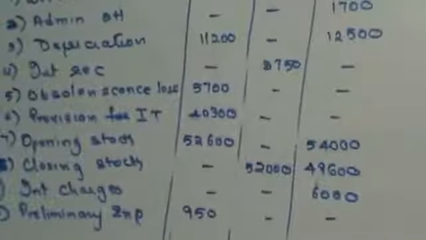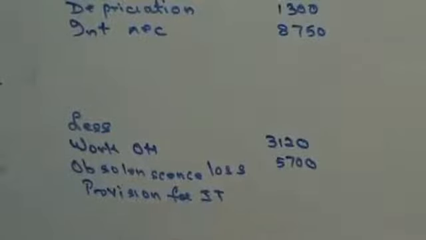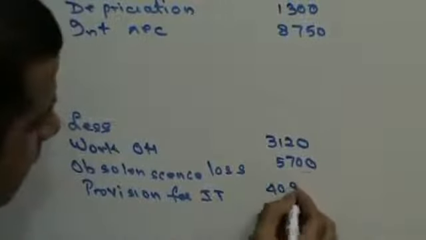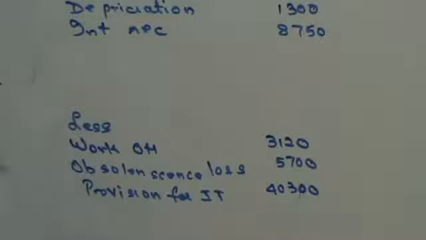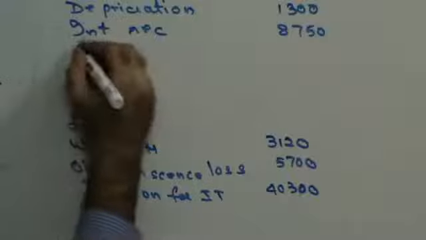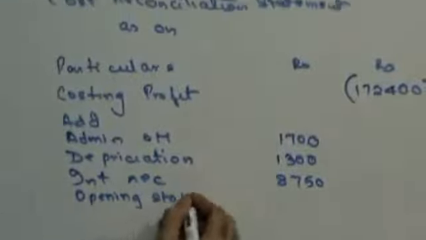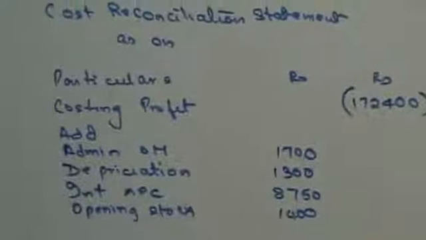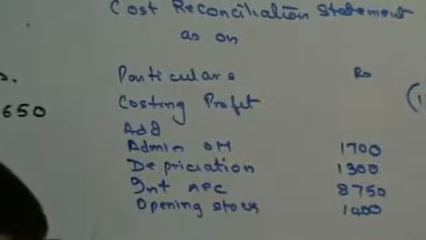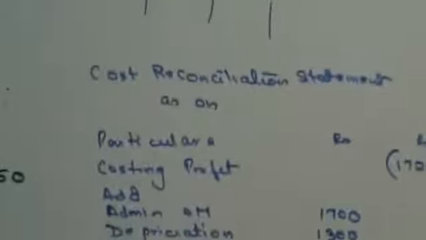Next, provision for income tax is less in costing. So it will go in less column. Provision for income tax amount is 40,300. Right? Next, opening stock is more in costing. So you will have opening stock 1400. Closing stock is less in costing, but closing stock is a credit entry. Less is more.